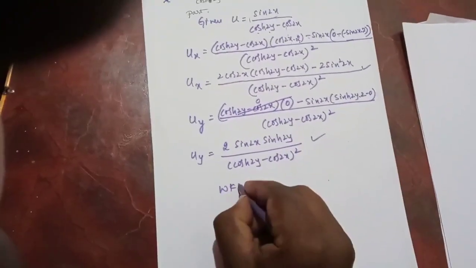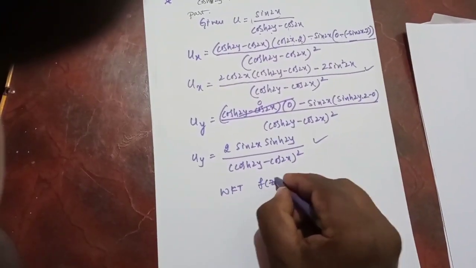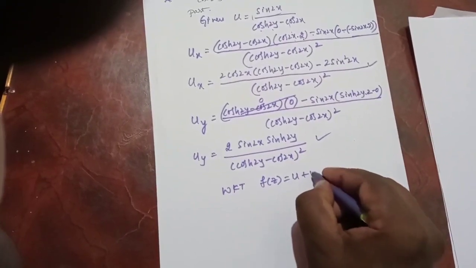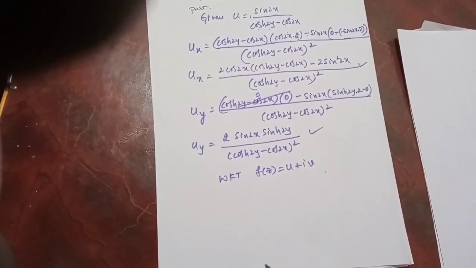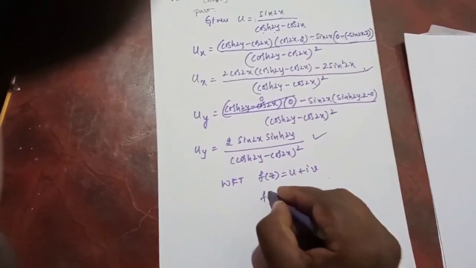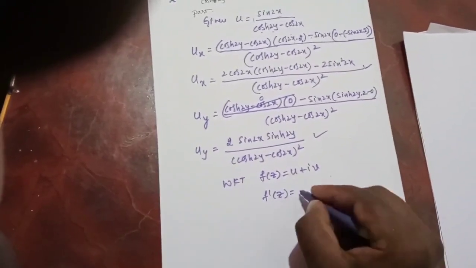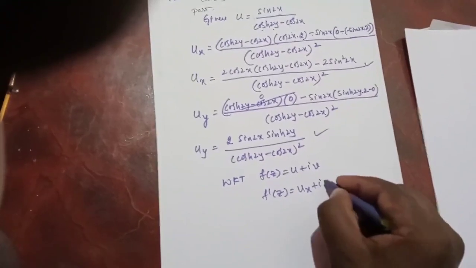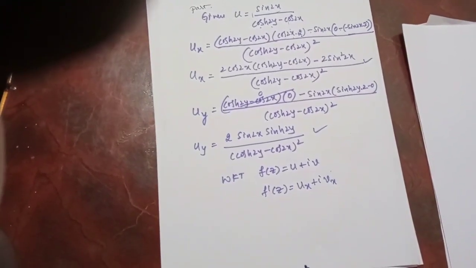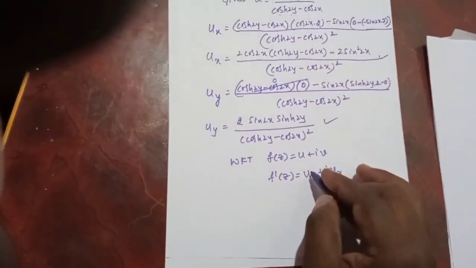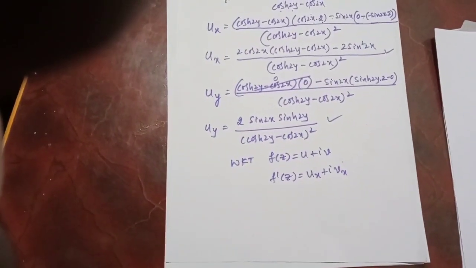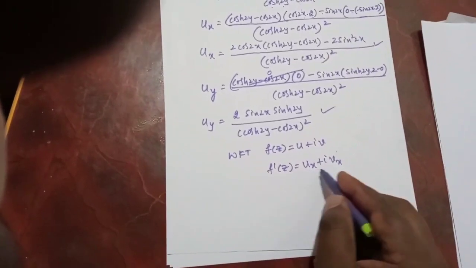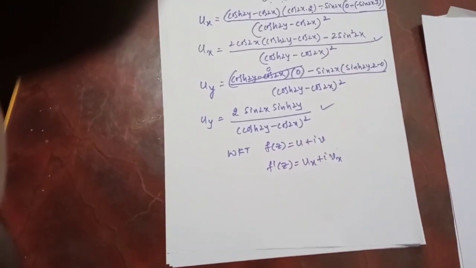We know that f of z is u plus iv. Differentiate that with respect to x partially. f dash of z is u suffix x plus i into v suffix x. Here in terms of partial u by partial x and partial v by partial x, we write u suffix x and v suffix x.